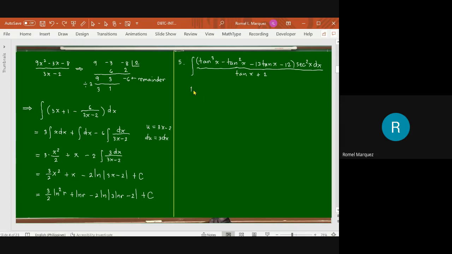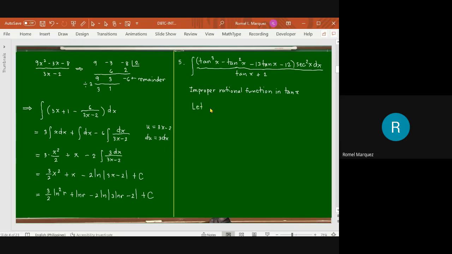And in fact, it is an improper rational function in tangent x. So let's simplify that.